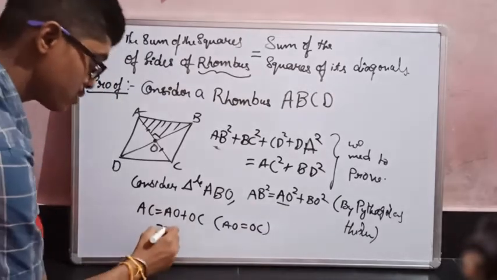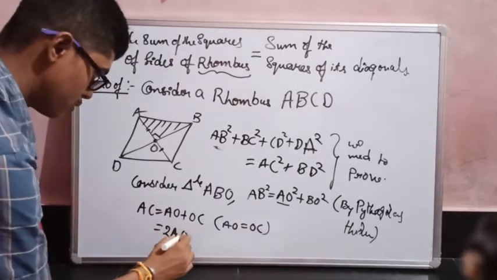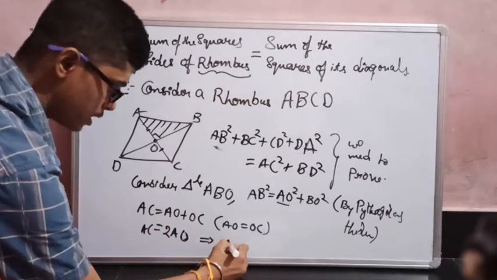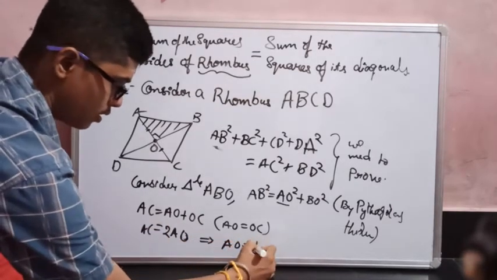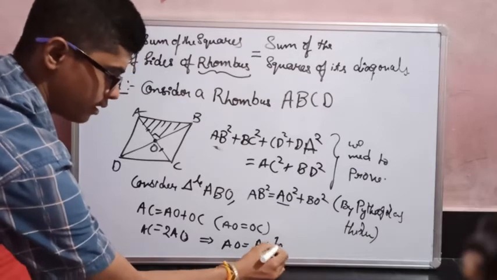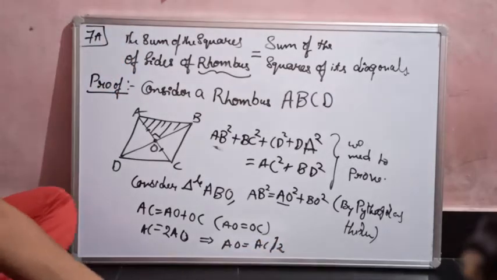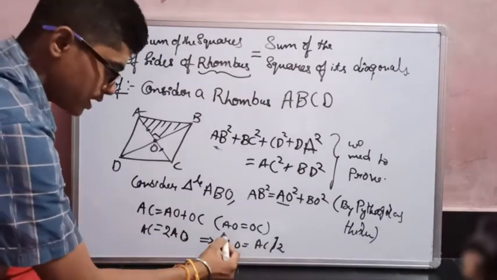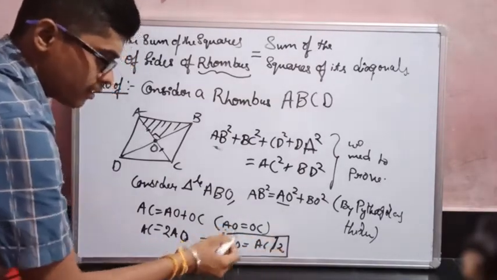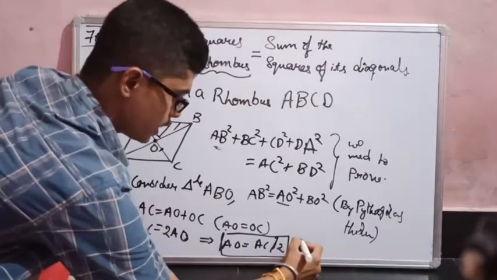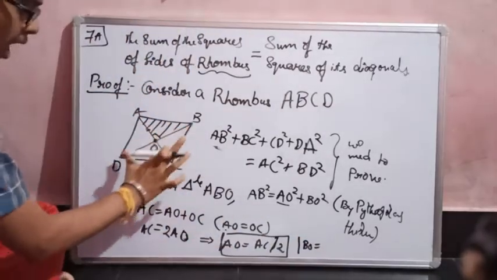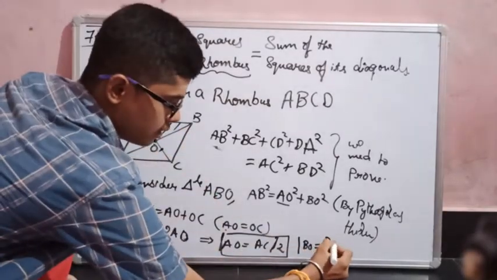Therefore, I can write AC as 2 times AO, which also implies that AO is half of AC. I think you have understood until here. In the same way, BO is equal to half of DB, that is, DB by 2.